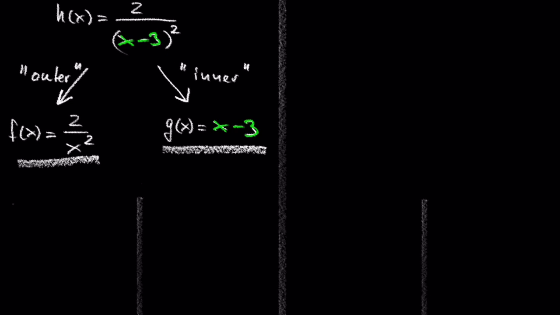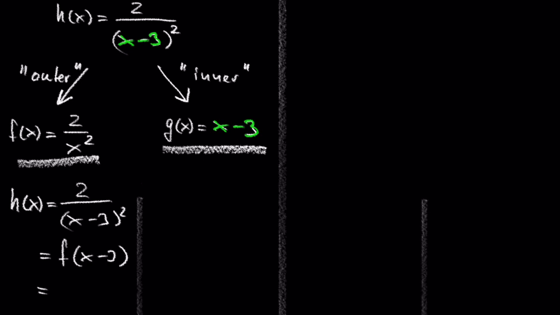Then we can write h of x equals 2 over (x minus 3) squared equals f of (x minus 3) equals f of g of x.